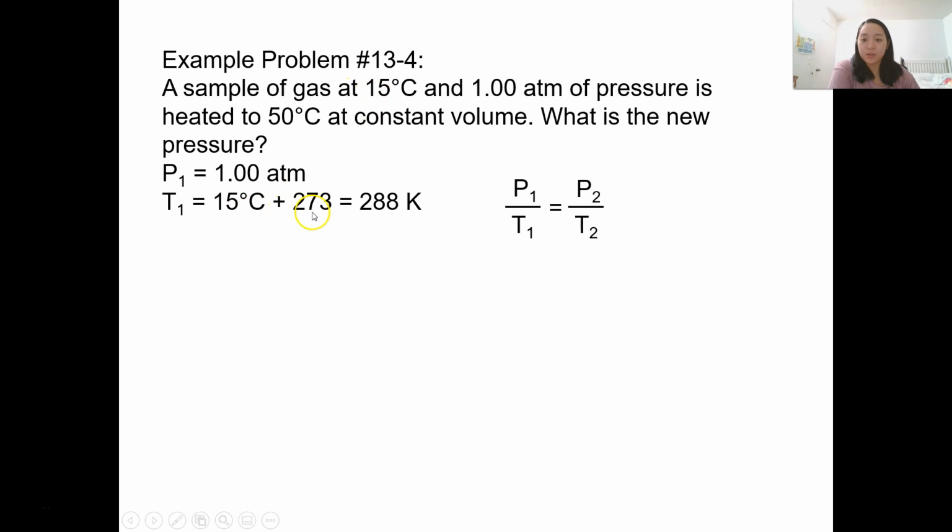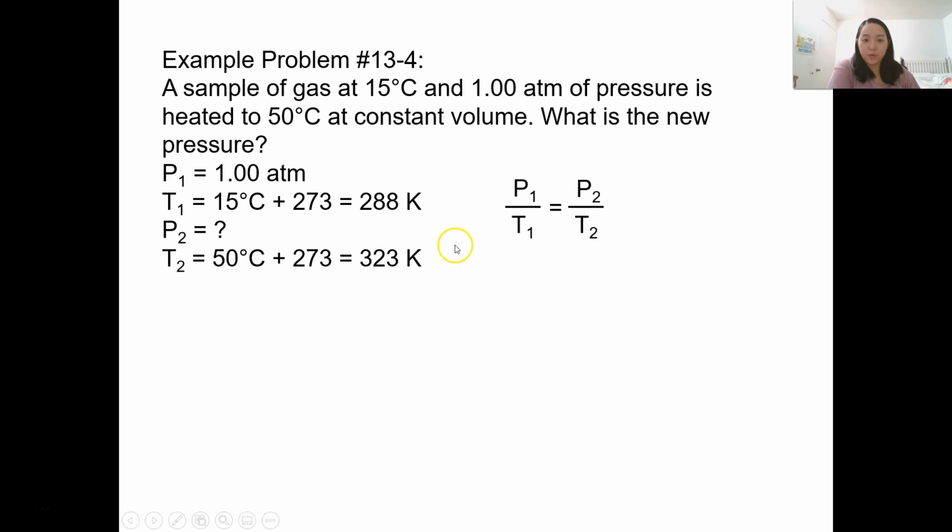And we always have to convert it to Kelvin, because if you keep it at Celsius or Fahrenheit, you'll find that the calculation will be off, because all these gas laws are based on temperature in the unit of Kelvin. Then next, let's see if we have P2. We do not. In fact, that is what they are asking of us. So what is the new pressure? That's P2. T2 is our 50 degrees Celsius, and that is also converted to Kelvin.